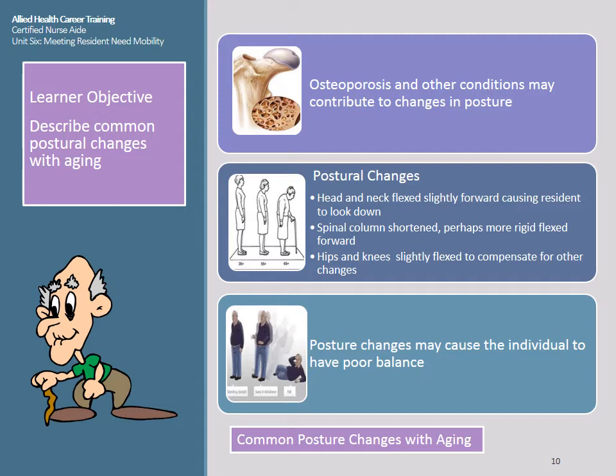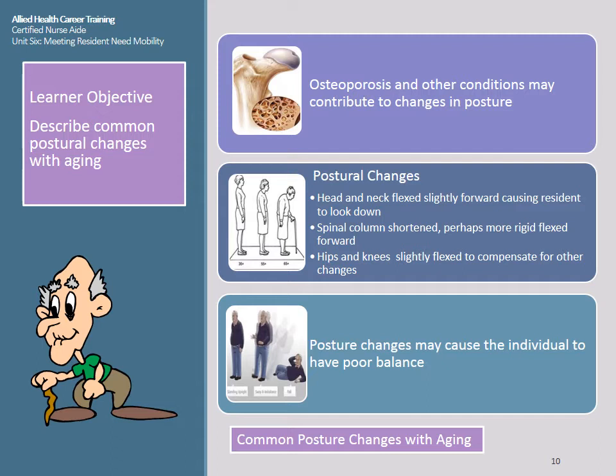Have residents wear non-slip, sturdy shoes. Make sure their shoelaces are tied. Residents should avoid wearing clothing that is too long or drags on the floor. Keep frequently used items close to the resident, including the call light and their water pitcher. And for males, that even includes their urinal.